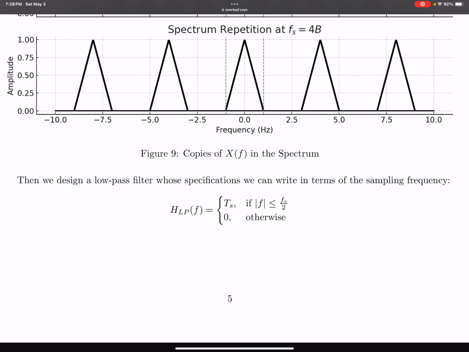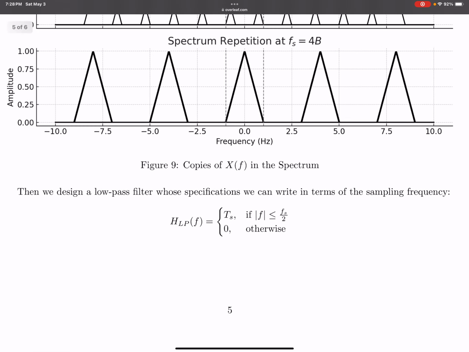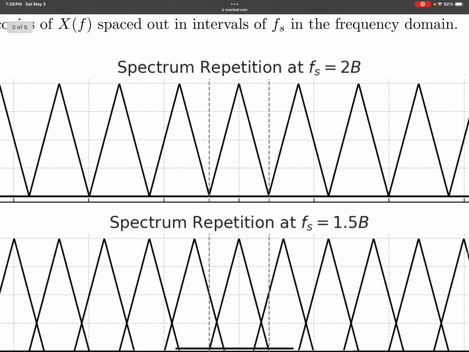And then this second part, if f is less than or equal to f_s over 2, all I'm doing is defining the range of that original signal, this original copy with the gray dotted lines. I'm rewriting that in terms of the sampling frequency, because we can easily say that that's minus B to B, but you'll notice that if you look at the next copy, it's at f_s.